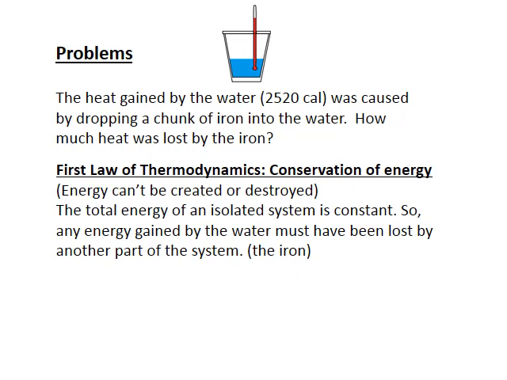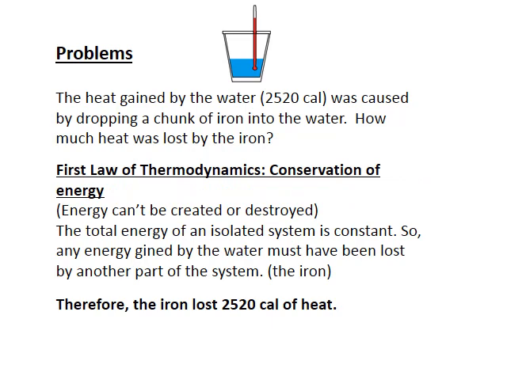Or we could say that the energy of an isolated system is constant, so any heat that was gained by the water had to be lost by something else in the system, and the only thing in our simple system is the iron, so the iron must have been what lost the heat. So the iron lost 2,520 calories of heat.